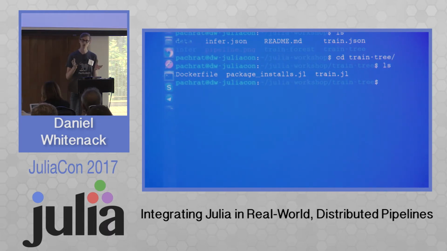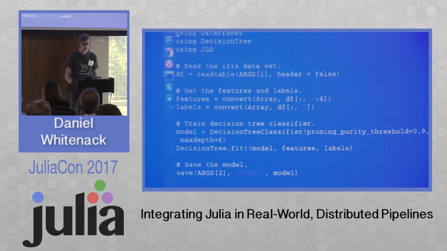I just want to show you this, and then I'll demonstrate how a few things work with Docker. We're mostly going to utilize this Docker image, but I did want to show you a few things. The first thing you'll notice here is I have this Julia program. It just uses DecisionTree to train a model, and we'll talk about that more in a second.